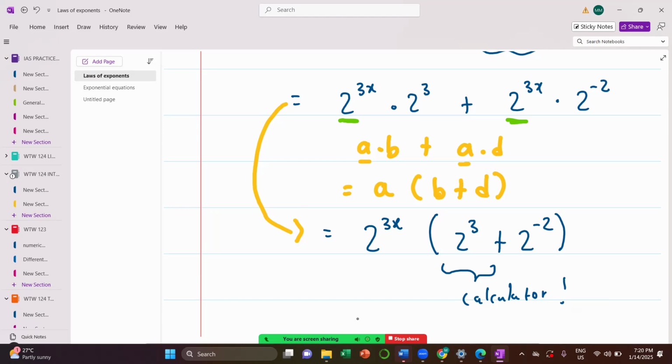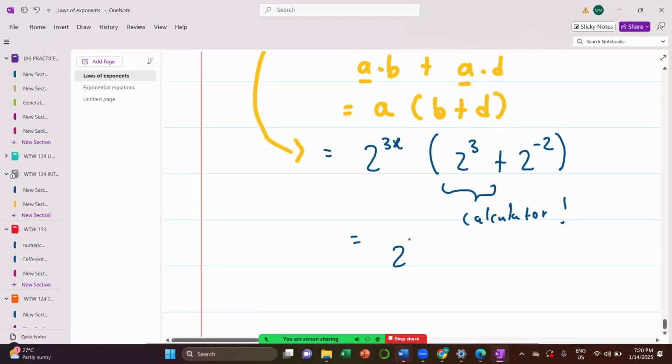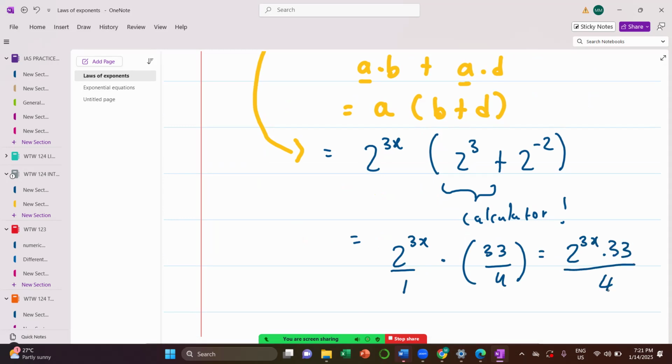So my whole answer is going to be 2 to the exponent of 3x times 33 over 4, which is the same as 2 to the exponent of 3x times 33 all over 4.